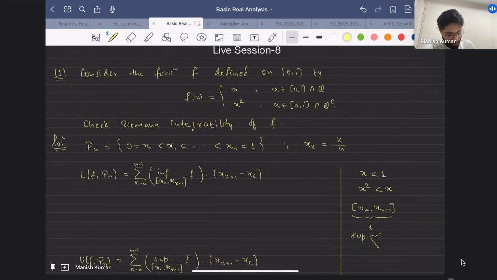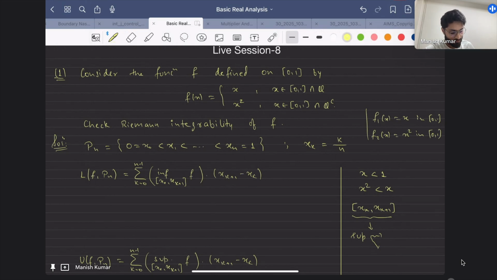Or maybe you can define it this way: define f1(x) to be x in [0,1], and f2(x) as x squared in [0,1]. Then this function f is just the restriction of f1 and f2 on the rationals and irrationals respectively. We know both functions are increasing, so the maximum is always going to be achieved at the end point.